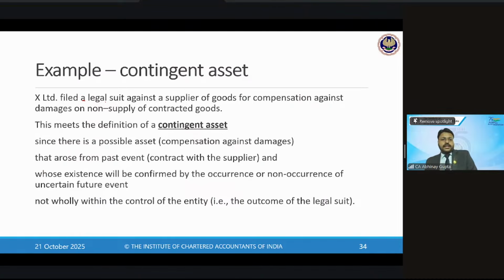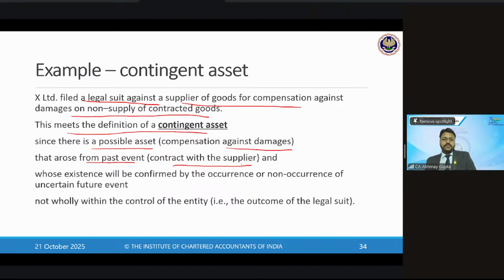So let's do this example. X Limited filed a legal suit against a supplier of goods for compensation against damages for non-supply of the contracted goods. This meets the definition of a contingent asset, since there is a possible asset, compensation against damages, which will arise to the company from a past event, that is the contract signed with the supplier.